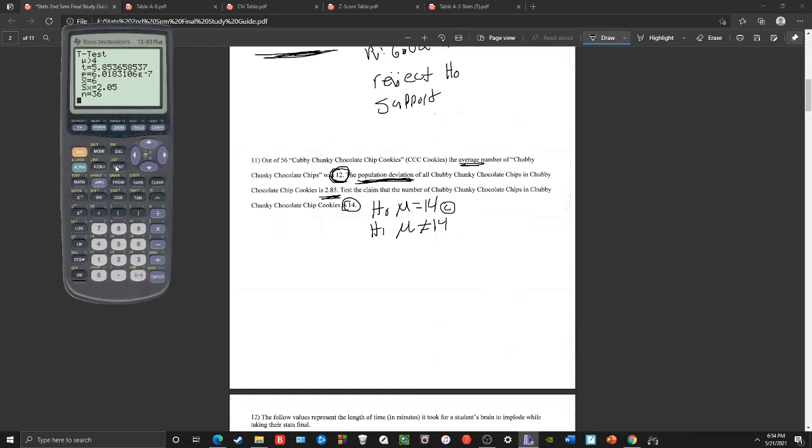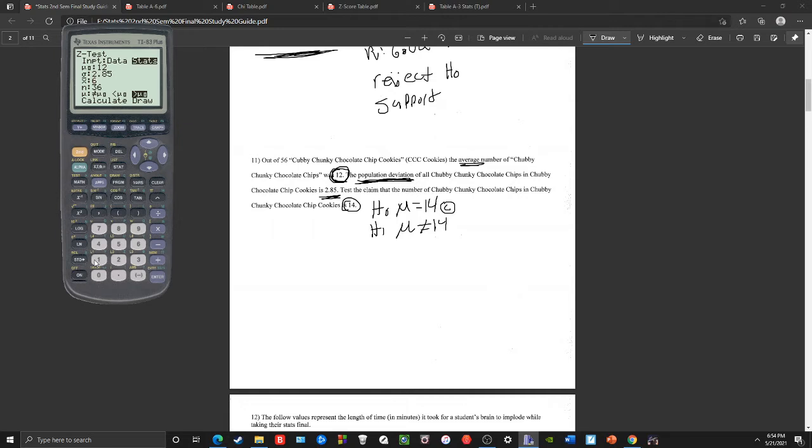And so now you're going to run your test, but again, ask yourself, what kind of test? 1 or 2 sample? Well, again, I'm testing a single brand of chocolate chip cookies to a benchmark. So this is a single sample average test, which means it's going to be either a Z or a T. Well, in this case, since we have the population deviation, it's going to be a z-score test. Okay? And we enter our data in the same way. 12, deviation of 2.85.